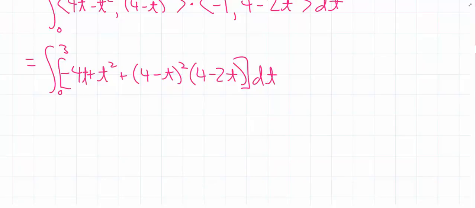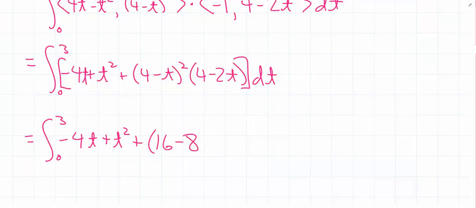I don't know, what's the best way to integrate this, you think? Just multiply everything out? Maybe that's the best way. I guess I'll just multiply everything out here. Okay, so I've got negative 4t plus t squared, and then plus 16 minus 8t plus t squared. Let me factor a 2 out of that.